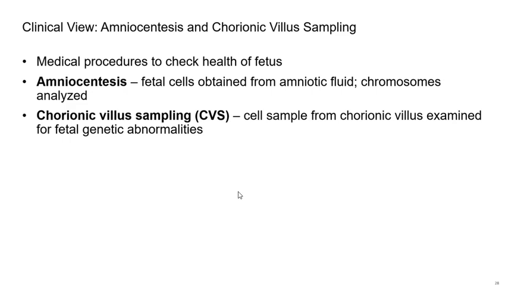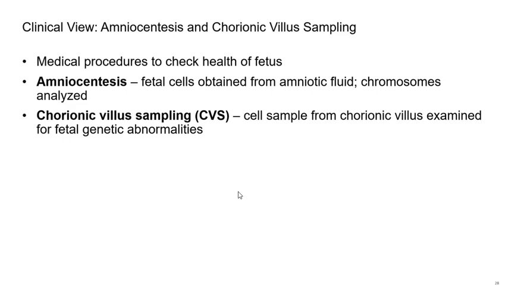So amniocentesis typically can be performed after the 14th week of pregnancy. CVS, the chorionic villus sampling, this could be done somewhere around 10 weeks of pregnancy. Okay. The chorionic villus sampling can also determine the genetic sex of the fetus as well, along with the various genetic abnormalities as well.